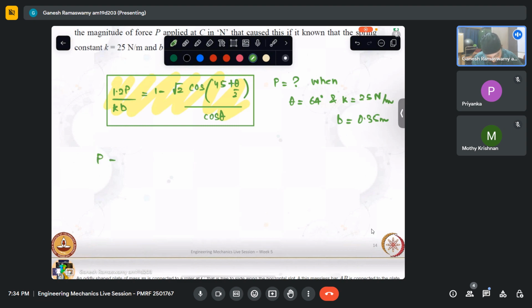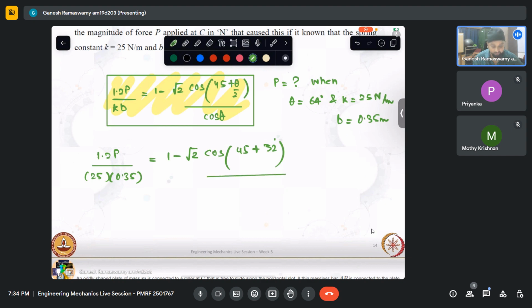K is 25 into 0.35, or let me do it like that. 1.2 pi P by K into 0.35 gives me 1 minus root 2 cos of, because it is theta by 2, so it will come to cos of 64 degrees.